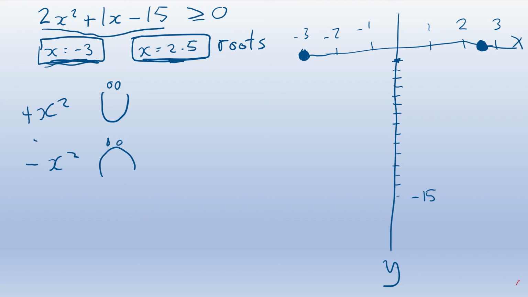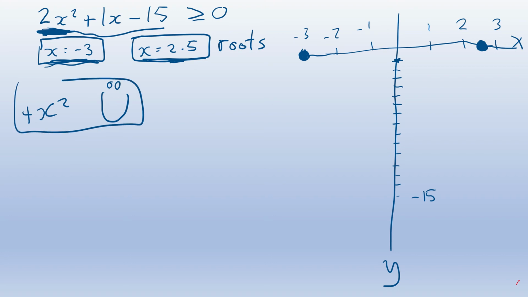But in this case, we don't have to worry about that because we are dealing with a plus 2x squared here. So I'll just take that away. We know that the shape of our graph is going to be a U shape, and I'll just take away the eyes there just so we don't get confused. And let's put an arrow there.